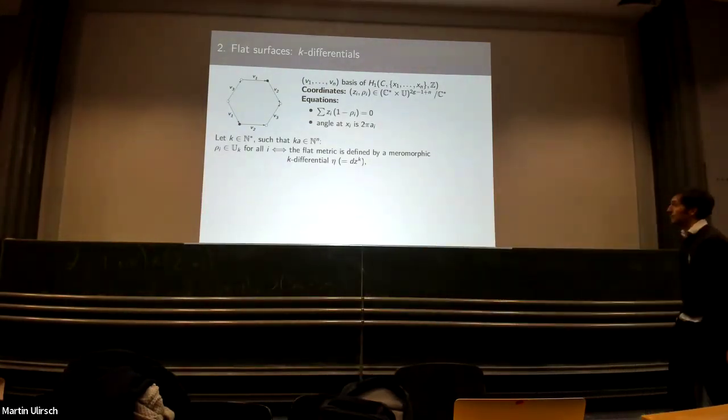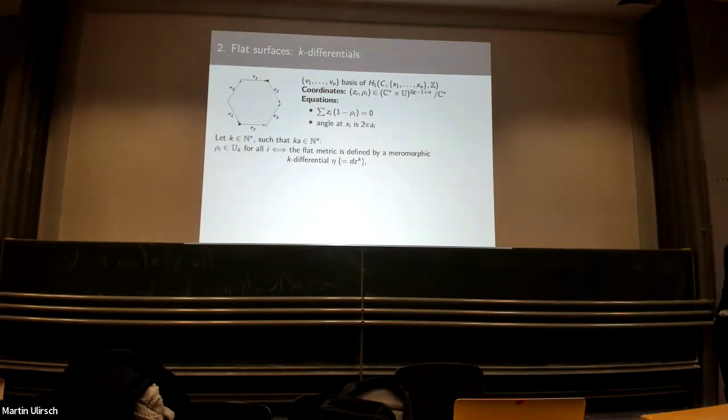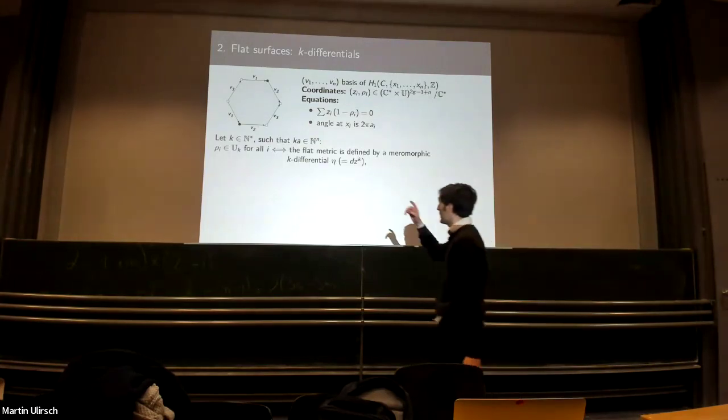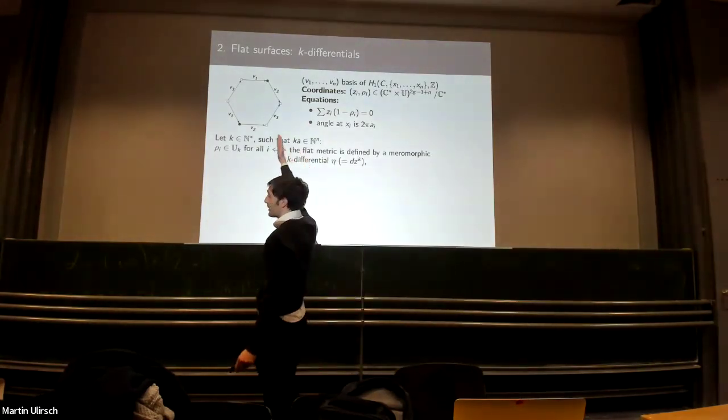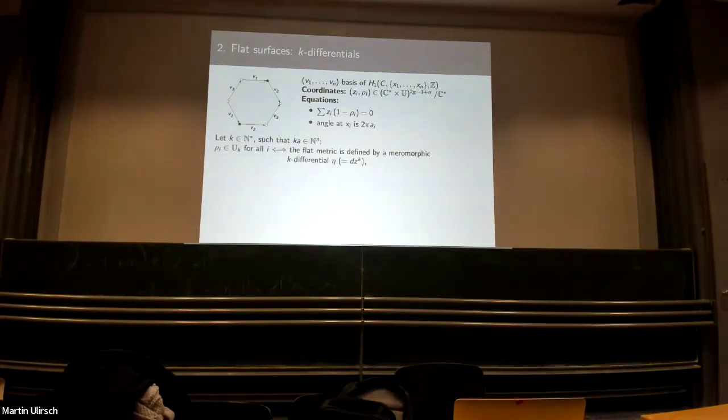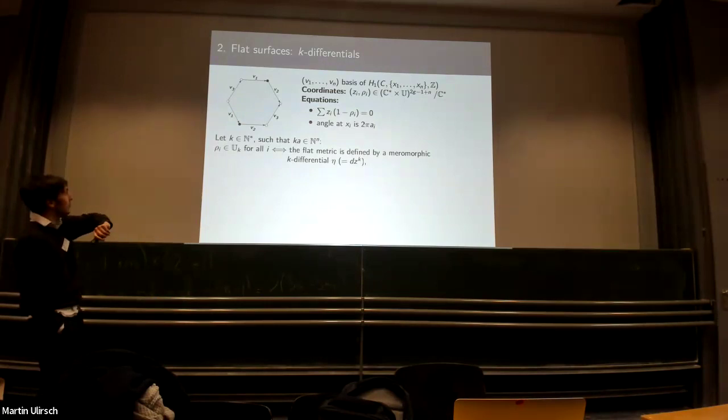Then in this case, the flat metric is actually defined by a meromorphic k-differential, and this k-differential is simply given, if I see my polygon as sitting in C, the Euclidean plane seen as C, then this differential is of the form dz to the k. And why is this differential well defined?